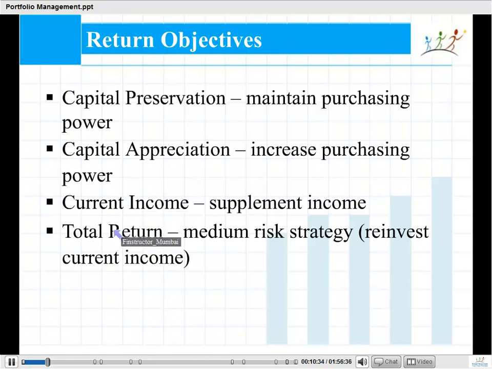A total return strategy would be a mix of both. It would concentrate on income as well as some appreciation. So it's a medium risk strategy which gives both income as well as appreciation to the client.